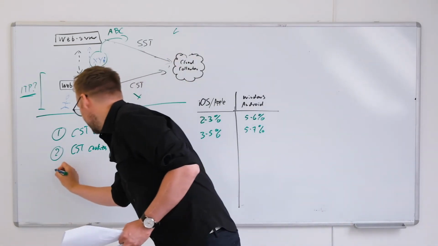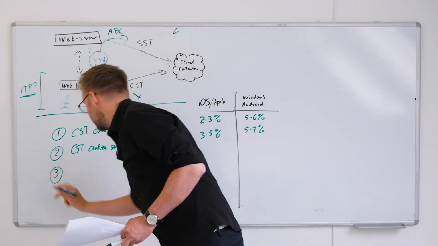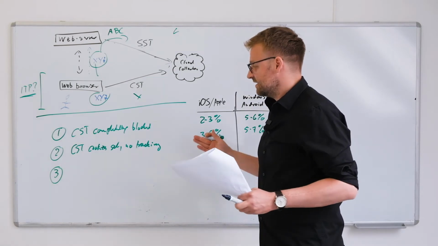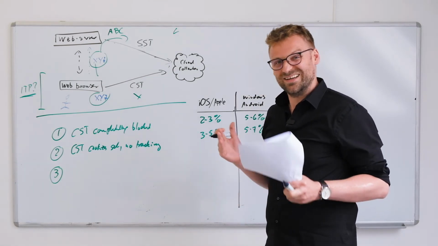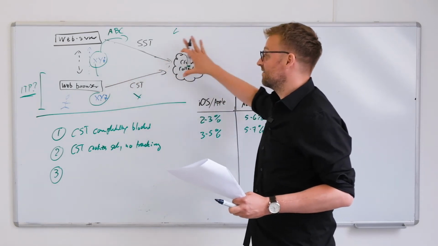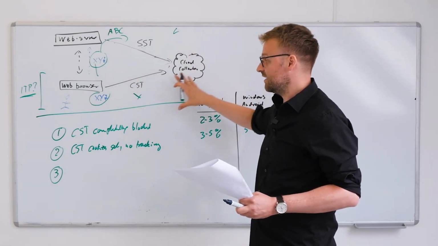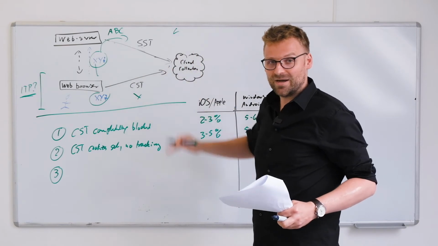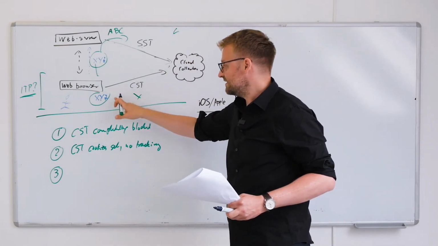The last situation we saw in the data is actually the most interesting and, I think, the most impactful. That is that the CST is fully running. So we always have tracking, we also have a cookie, but the cookie IDs get refreshed.